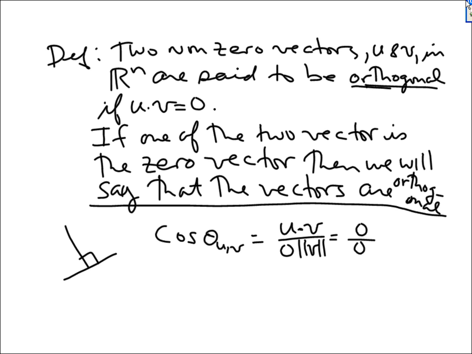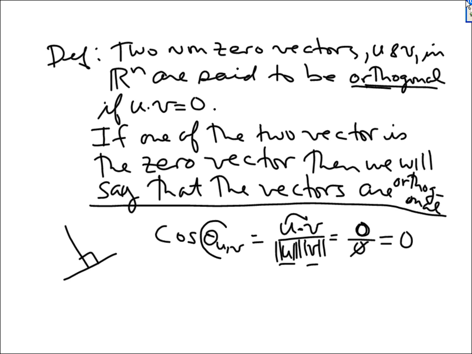Okay, excuse me. So, just ignore what I said. U is not the zero vector. I'm sorry. Okay, none of these are the zero vectors. But if they're orthogonal, then u dot v would be 0. And if neither of them are the zero vector, the product of their lengths will not be 0. And 0 divided by not 0 is 0.